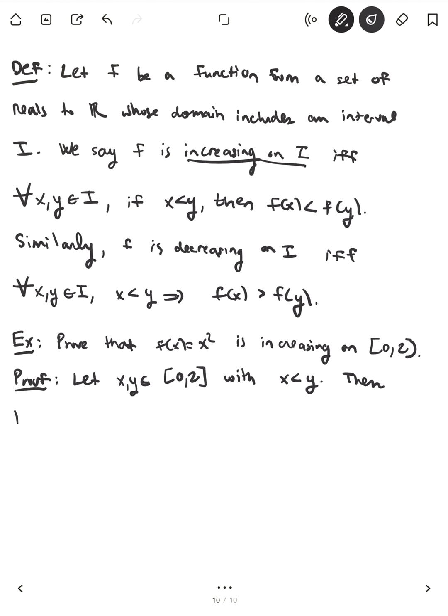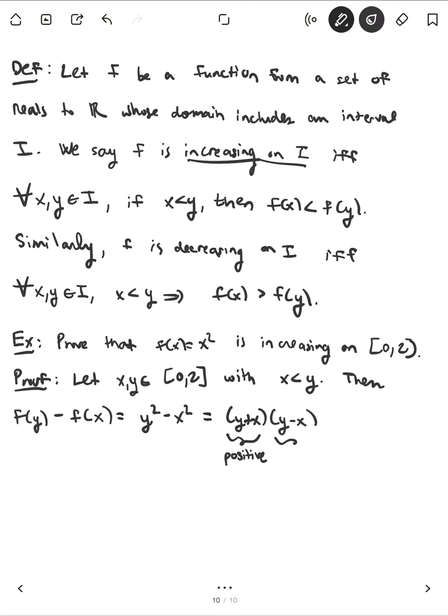Then f of y minus f of x equals y squared minus x squared, which equals y plus x times y minus x. And y plus x is positive. It's positive because y is strictly bigger than x, so that must be positive.